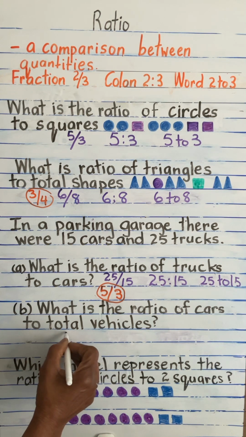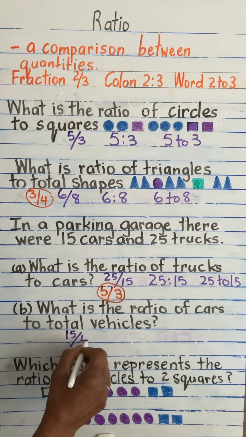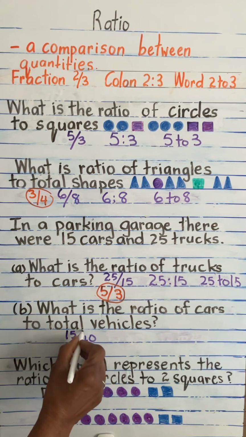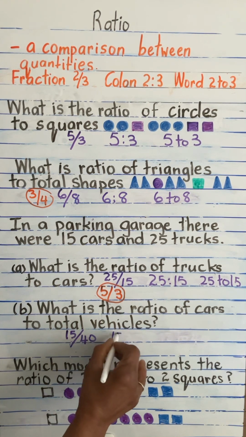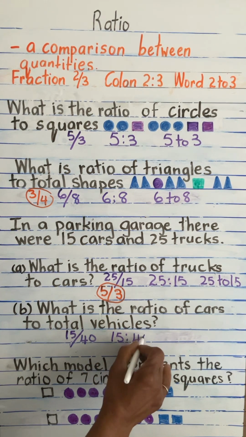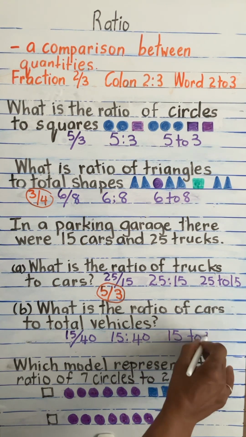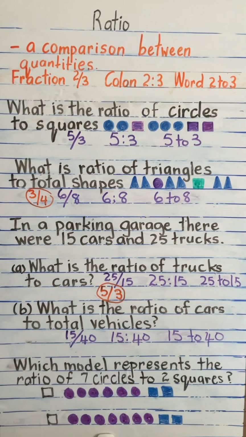So that is 15 over 40. 15 is to 40, and then 15 to 40.